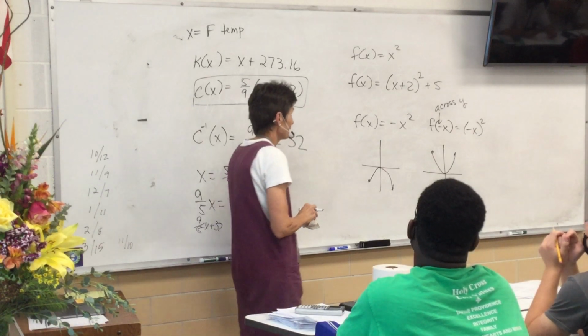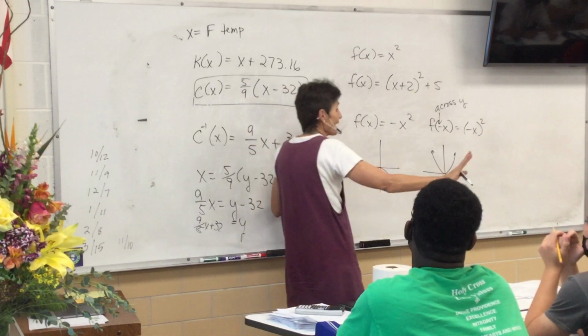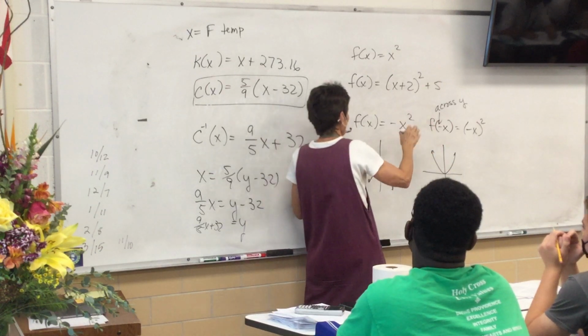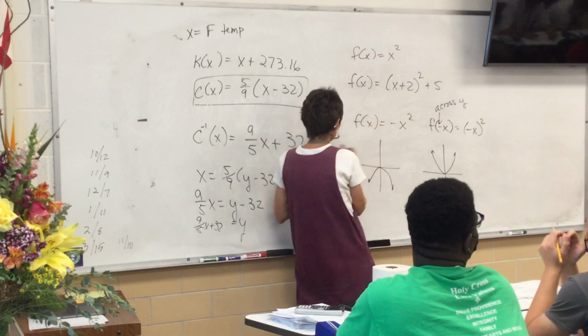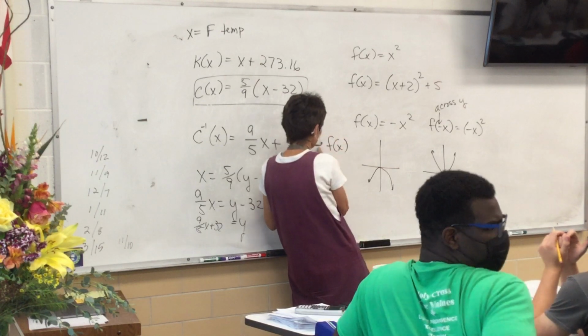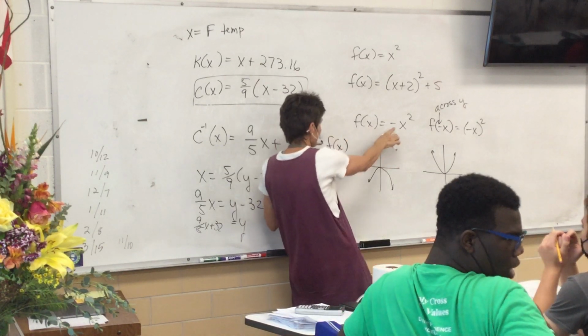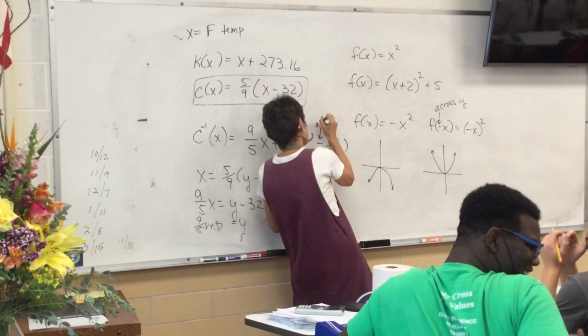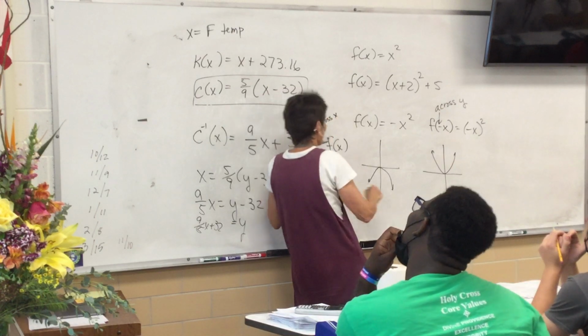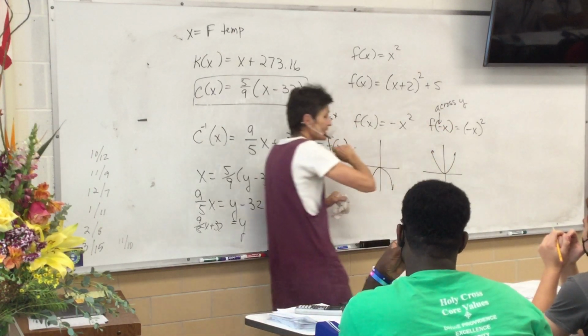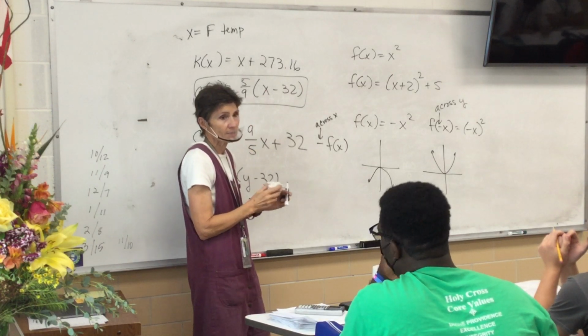Now, what we need to remember is, when you put a negative on the function itself, that is across x. When you put it on just the x, it is across y.